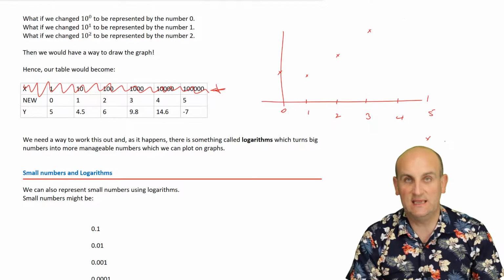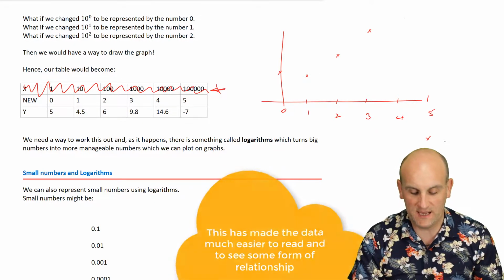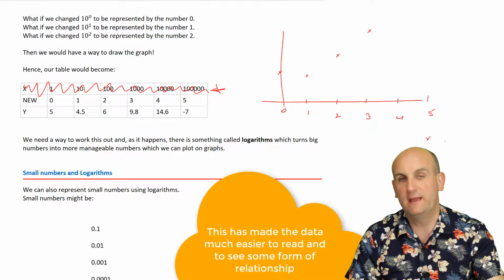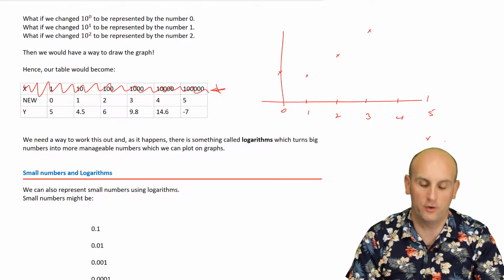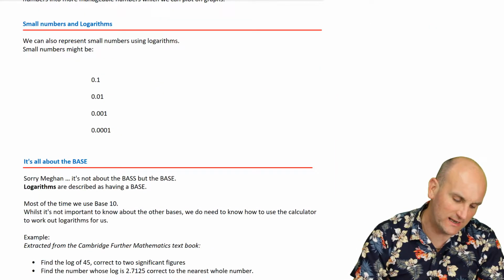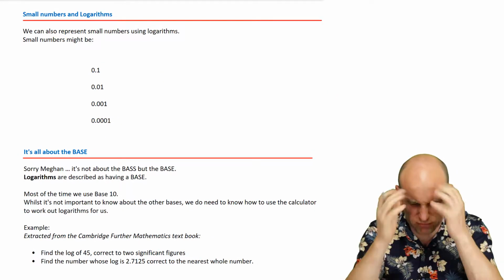We can now see our data much, much better. And ladies and gentlemen, to be able to turn our 10 to the power into a counting number is called logarithms. And the great thing is your calculator can do this for you.